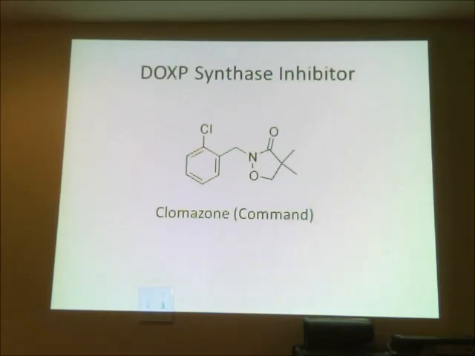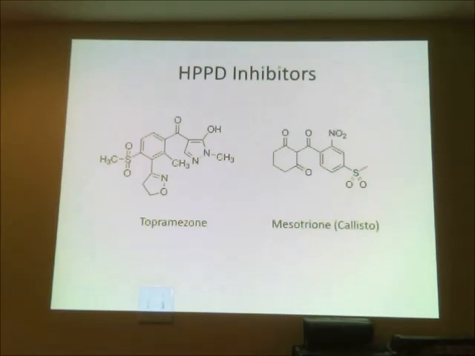And this is the one that interferes with isoprenoid biosynthesis. So you put this down, and then you can no longer make phytosteroids and other essential plant components. And these are some of the 4-hydroxyphenylpyruvate dioxygenase inhibitors, which prevent tyrosine catabolism, and therefore prevent carotenoid synthesis.